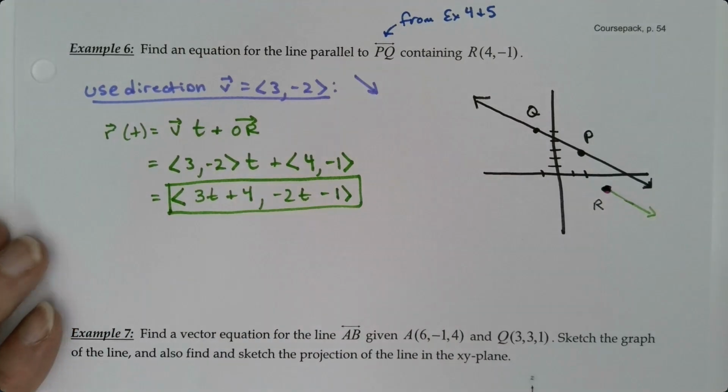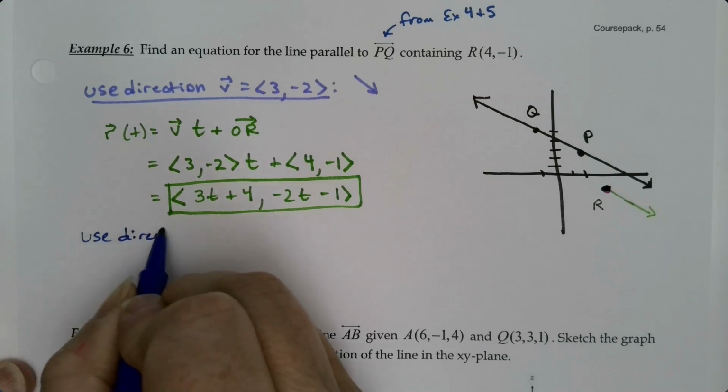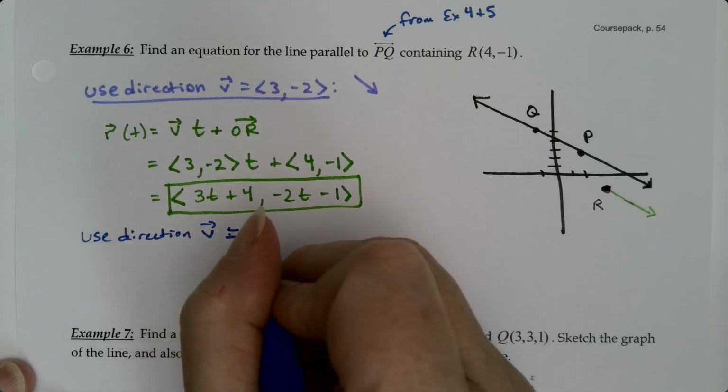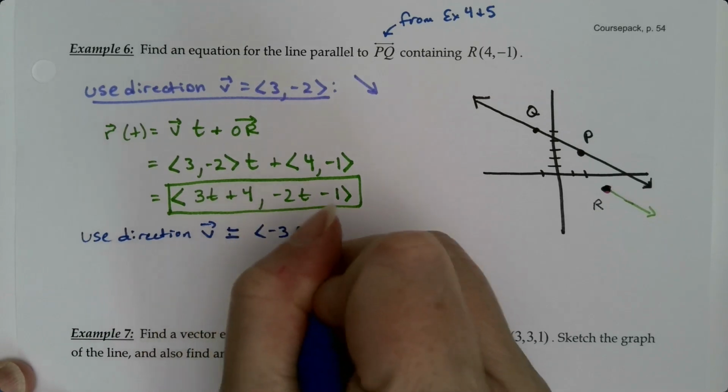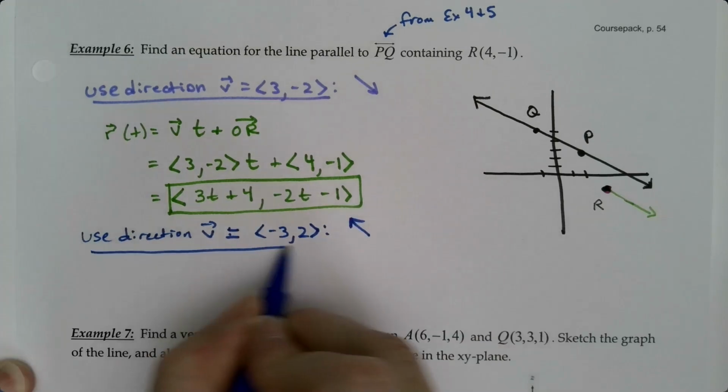Now I could also write it using the other one. So I could use the direction that went the other direction, which was, let's think, (-3, 2), which was pointing up the line.